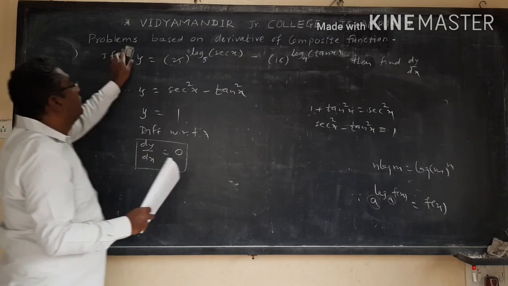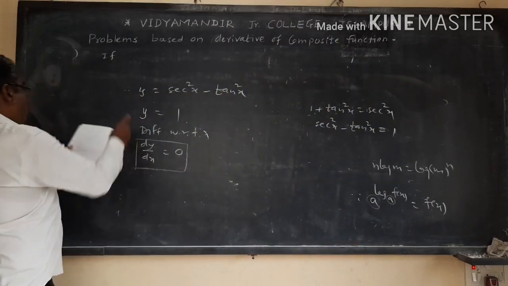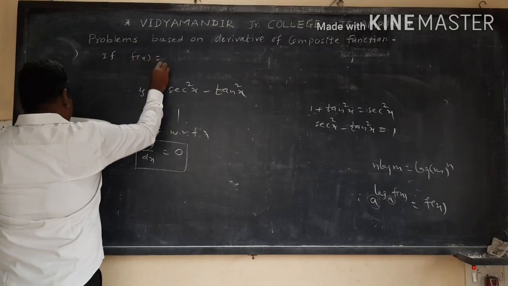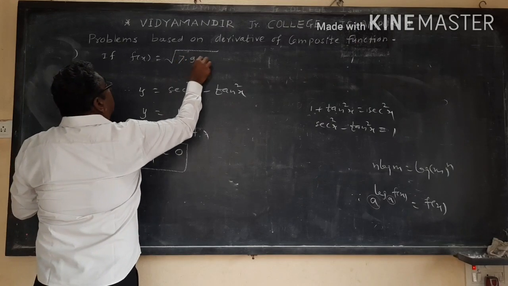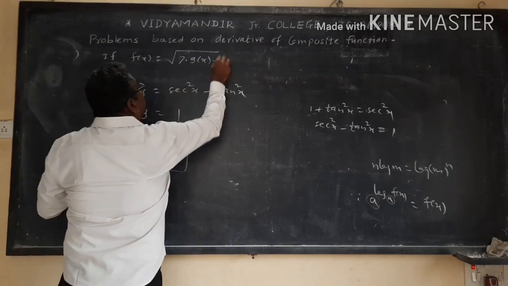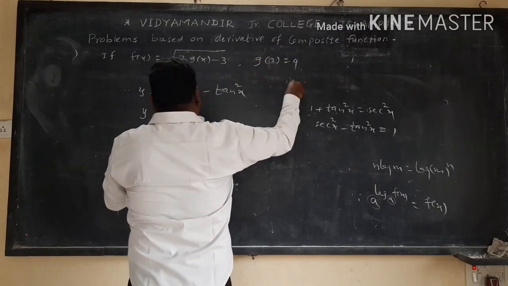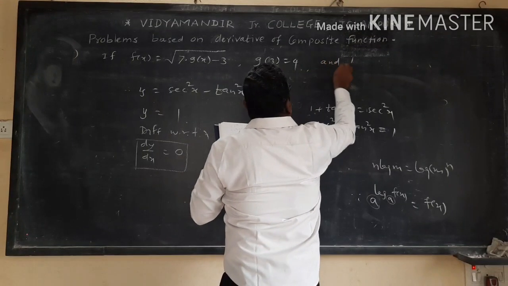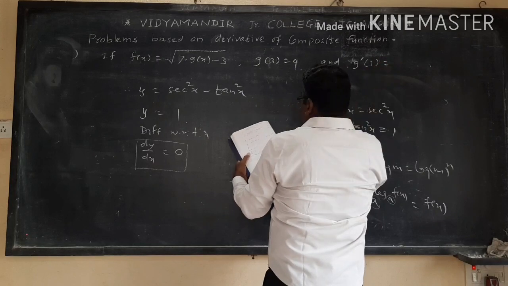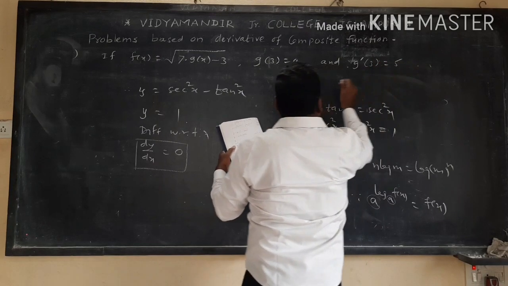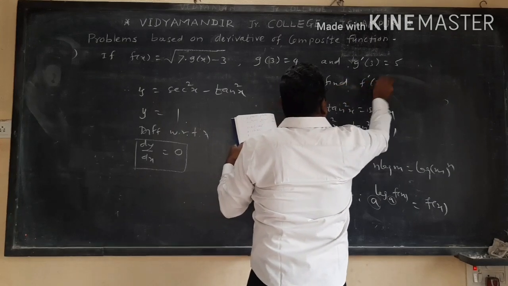If f of x is equal to root of 7 g of x minus 3, g of 3 equal to 4, and g dash of 3 is equal to 5, find f dash of 3.